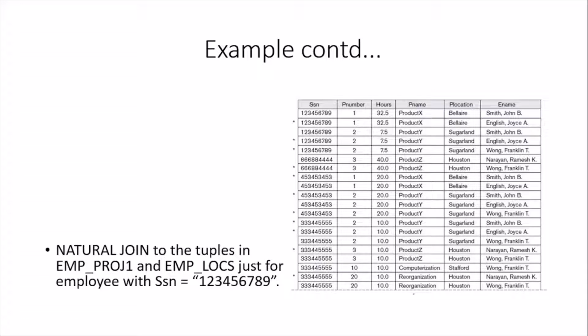But here, this same SSN 123456789 is for Smith, John B, and for English, Joyce A. So that is actually wrong data in the database, or I can call it a spurious tuple.